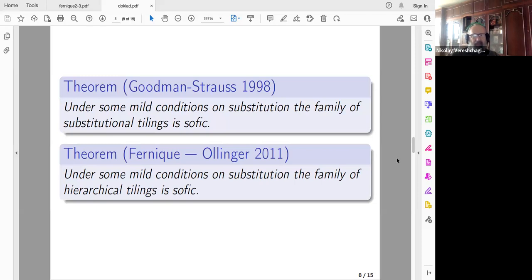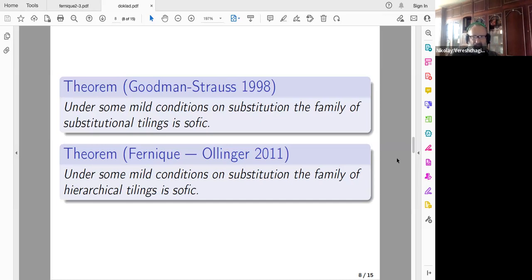They come from their construction, and the construction is more interesting than the statement of the theorem. And the construction may be illustrated just by one example, and that example is also non-trivial. I will skip for now the formulation of Fernique and Ollinger and just illustrate their construction using one example.